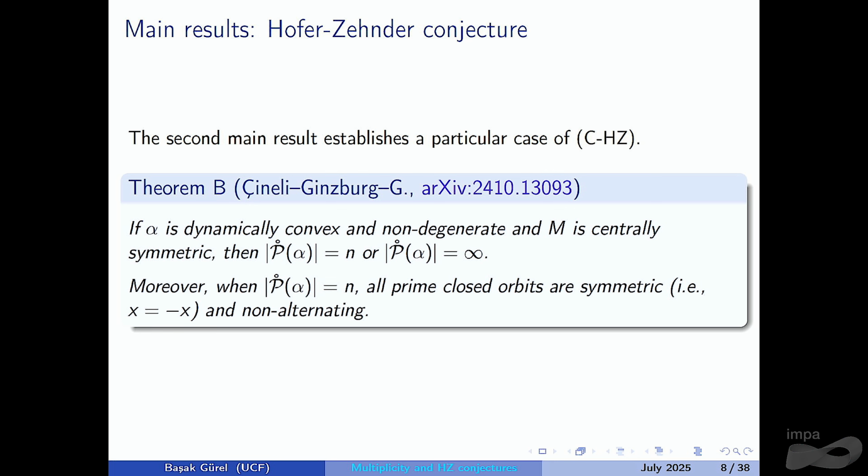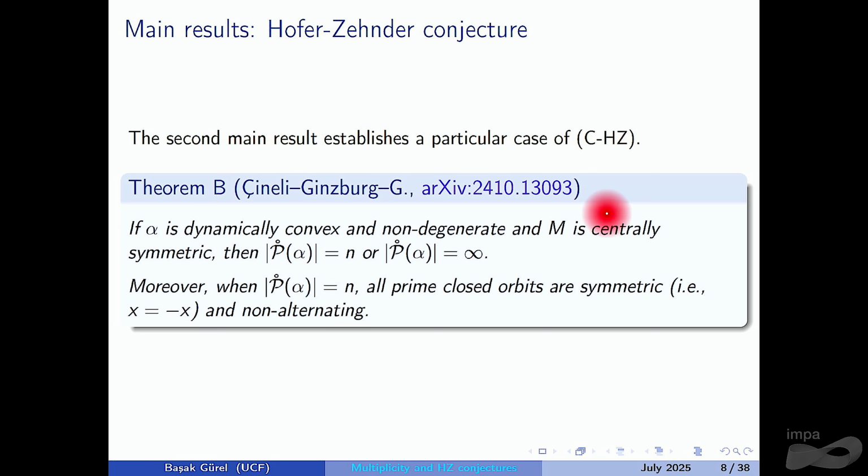So the next result. The first one is mainly in the realm of the multiplicity part of the story, and the second one is more in the n or infinity dichotomy part of the story. And for this result, we do need to assume non-degeneracy, and moreover we also need to assume that the domain is centrally symmetric, so M is minus M, everything in R^{2n}.